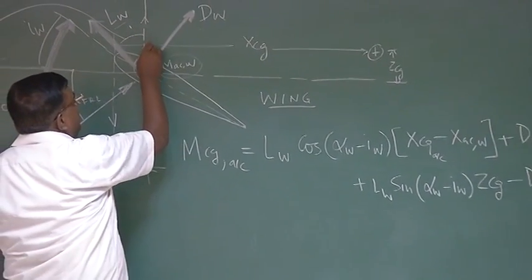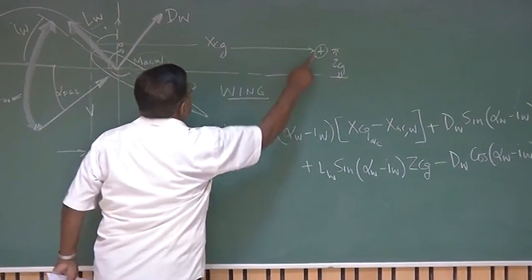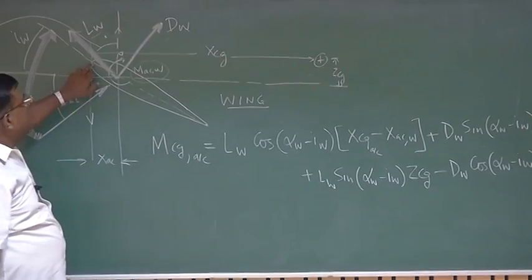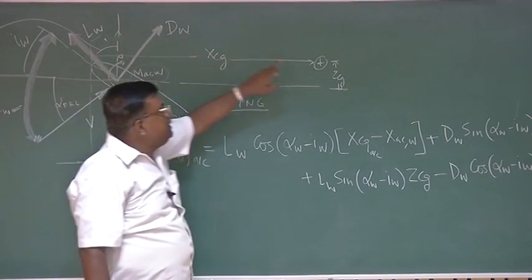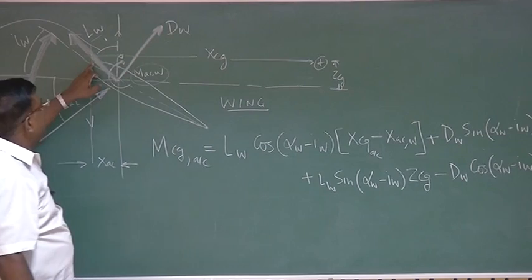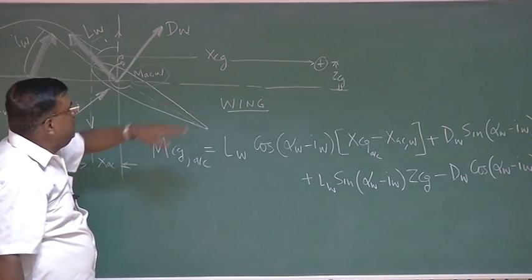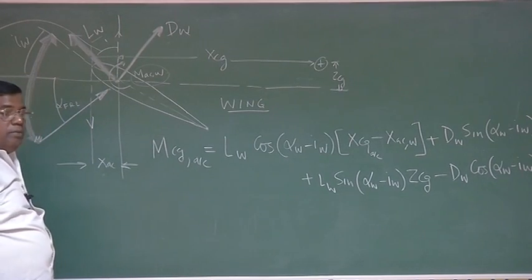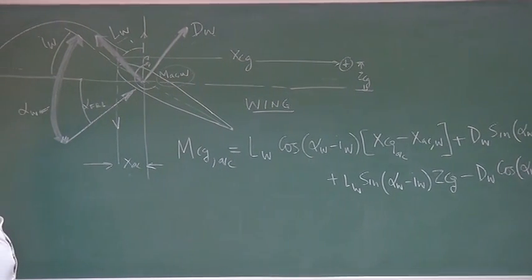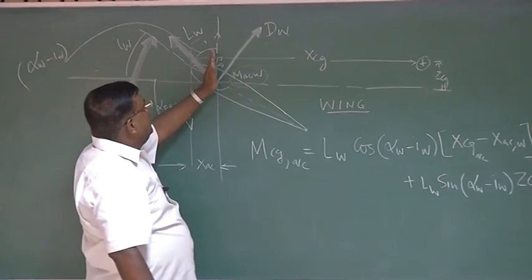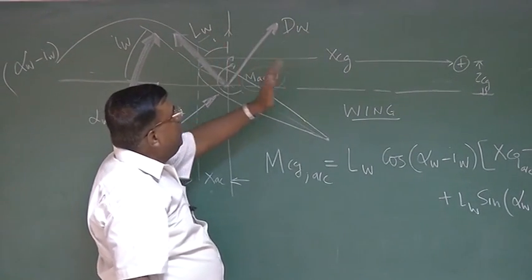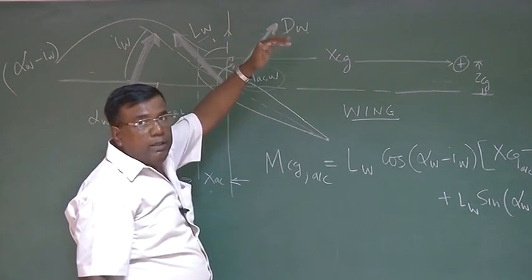The moment arm is up to this point, from here to CG. But you know, from the wing leading edge, this total distance is xCG, and from the wing leading edge, the AC distance is xAC. So this distance is nothing but xCG of the aircraft minus xAC of the wing. What type of moment will this give? This is acting vertically up. About CG it will give a nose up moment, right?